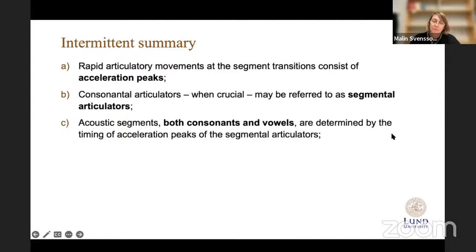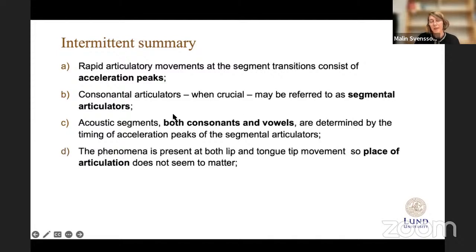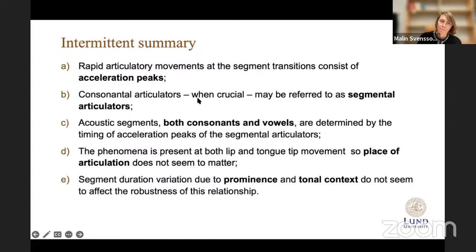Acoustic segments, both consonants and vowels, are determined by the timing of the acceleration peaks of the segmental articulators, meaning the tongue body, a crucial articulator for the vowel, is not a segmental articulator. Place of articulation does not matter, as the phenomenon is present in both lip and tongue tip movement. Preliminary results show that manner also seems quite robust, but it depends on the constriction.